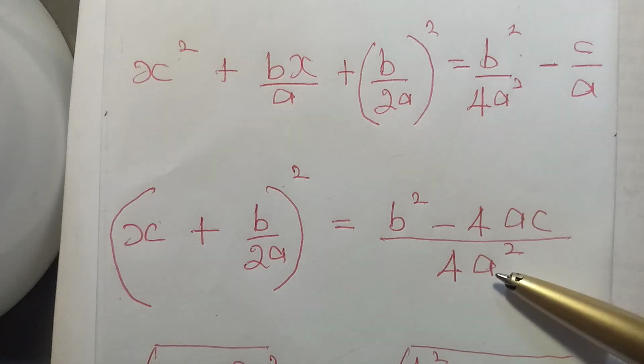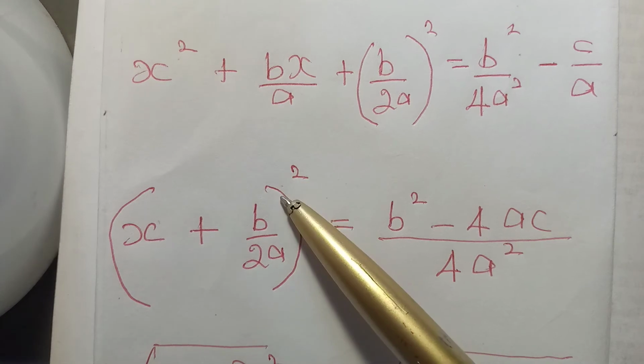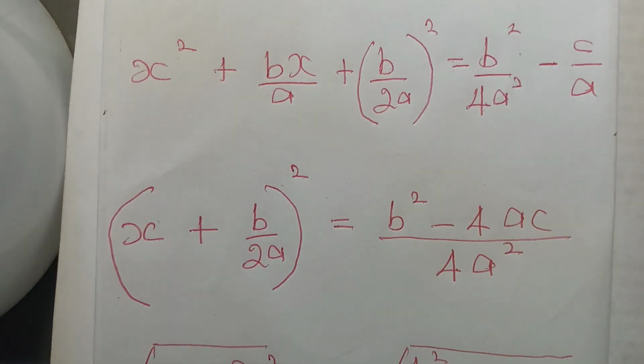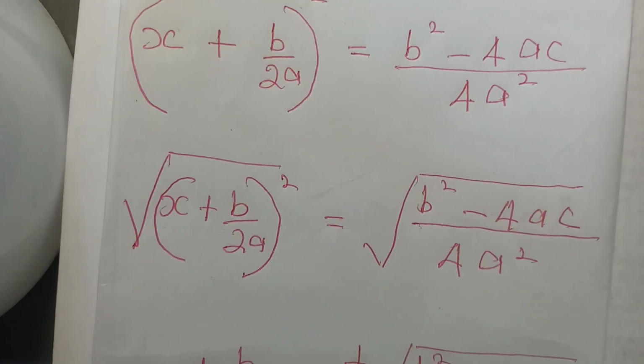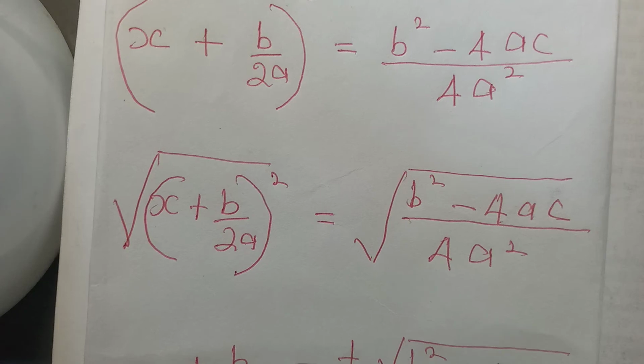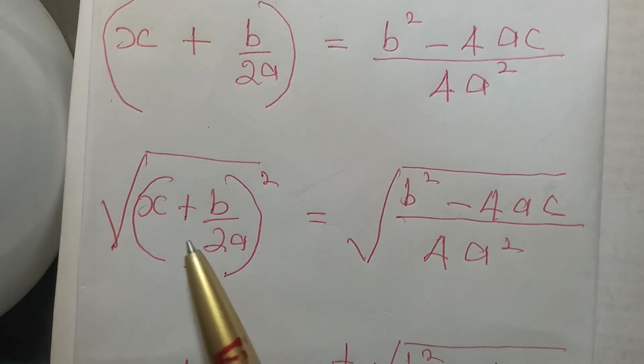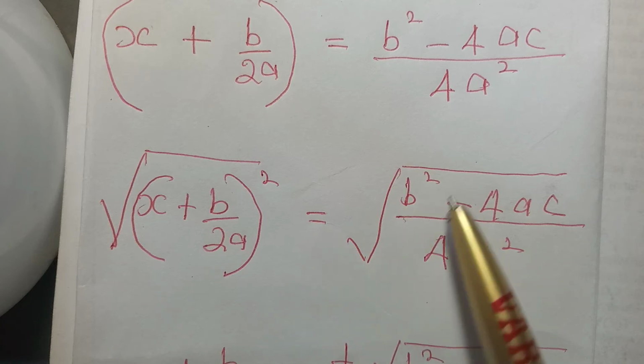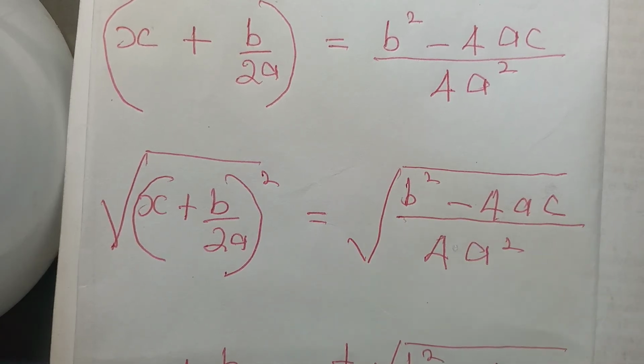Now, having gotten to this step, what will you do next? To remove this square, you take the square root of both sides. So when you take the square root of both sides, you have this term. You will have the square root of x plus b over 2a squared, and then the square root of b squared minus 4ac all over 4a squared.